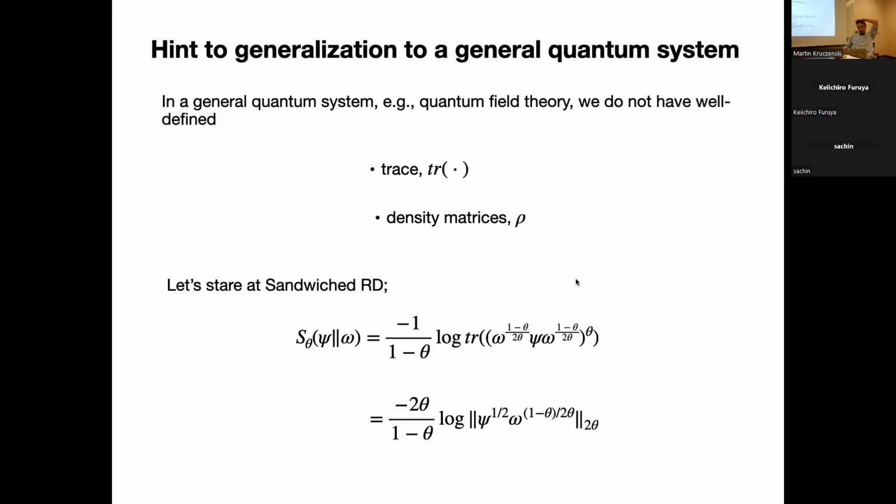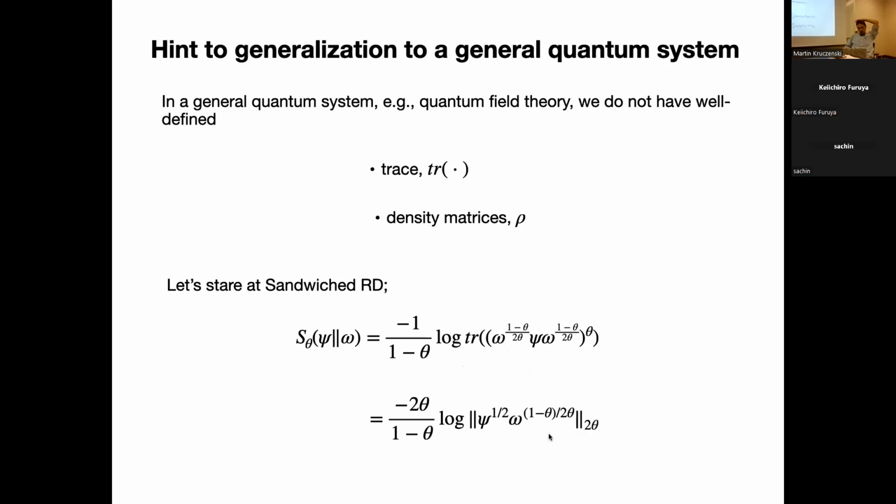But here I don't use modular theory. I'll just stick to this. One of the keys to the generalization to the multi-state Rényi divergences is the following. If you look at the sandwich Rényi divergences, you have this function, like I said, where omega is sandwiching psi, and you have power theta. In this case, you can actually write this trace as the norm of two theta.